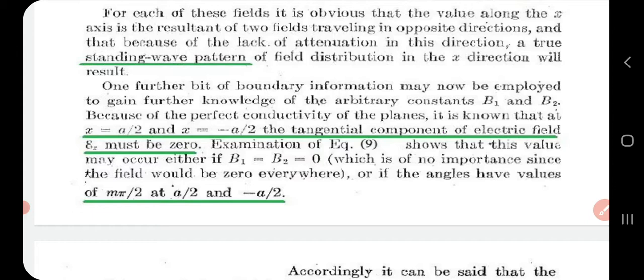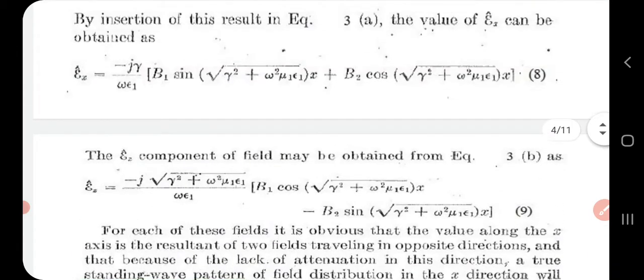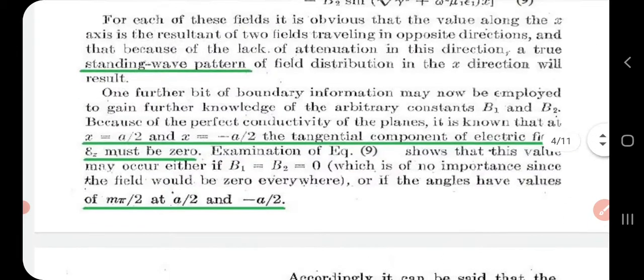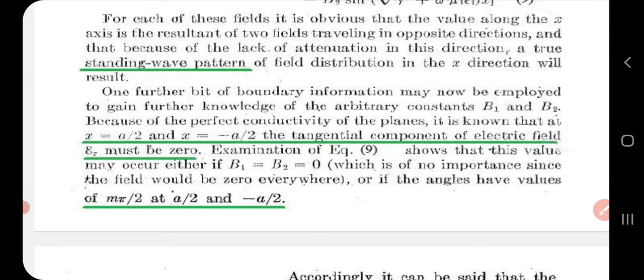If that is the case, then b1 and b2 in equation 8 must be 0, or the angle must be an integral multiple of pi by 2 at a by 2 and minus a by 2.